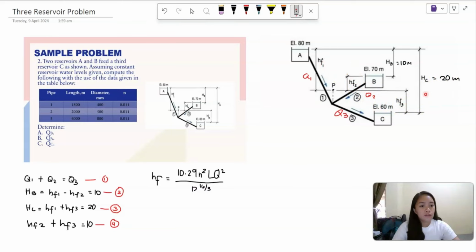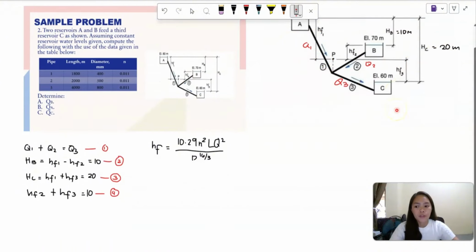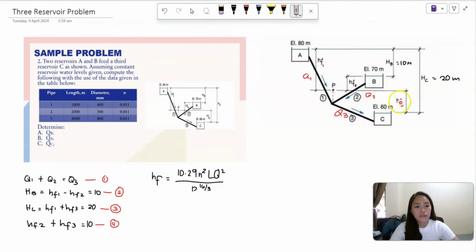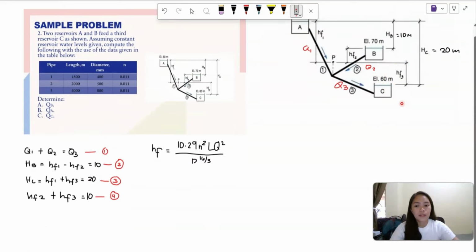It is the head of the reservoir C. So HB here is just the difference of HF1 minus HF2. So that is the HB, which is 10 meters. For our HC, it is just the sum of HF1 and HF3. So we got 20 meters. So HF2 plus HF3 is equal to 10 meters.